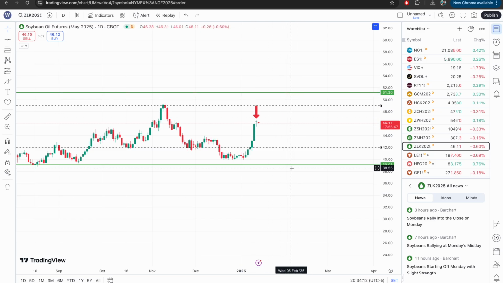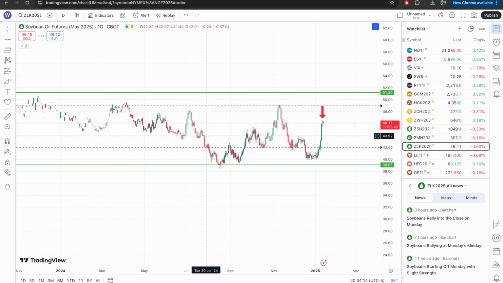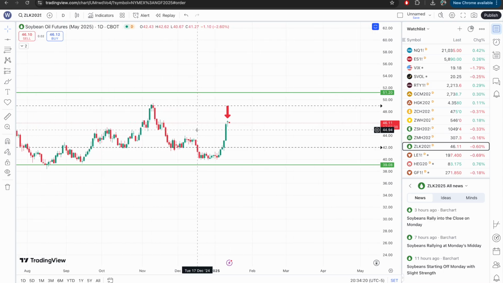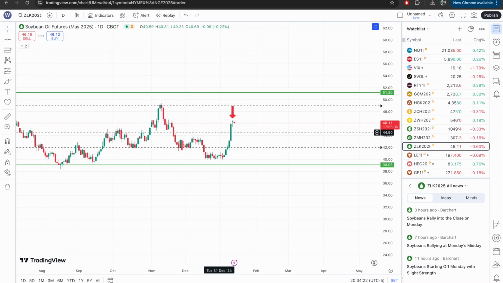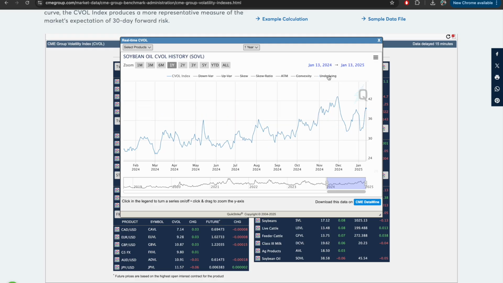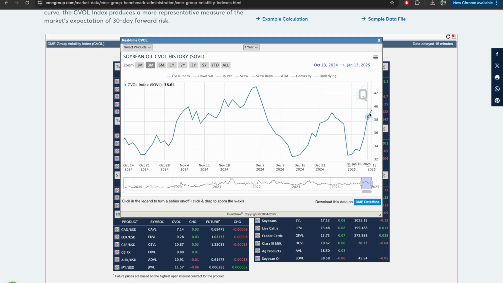But these are my stop losses. These are not the strikes. As you can see, the price has been moving within this range for quite a while, so over a year. And I made the decision to open this trade. Also, I think when we opened the position, the CVOL was a tiny bit lower, and it went up today.